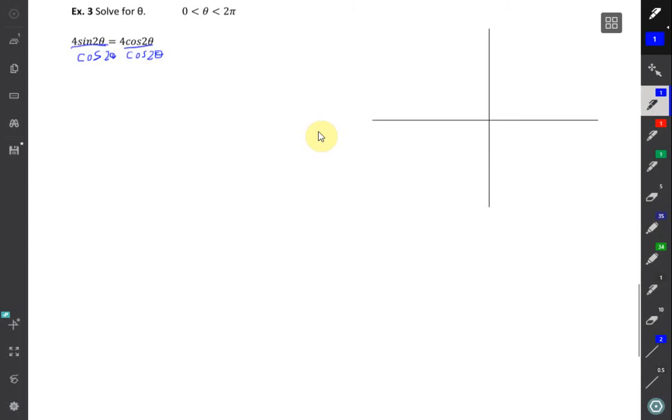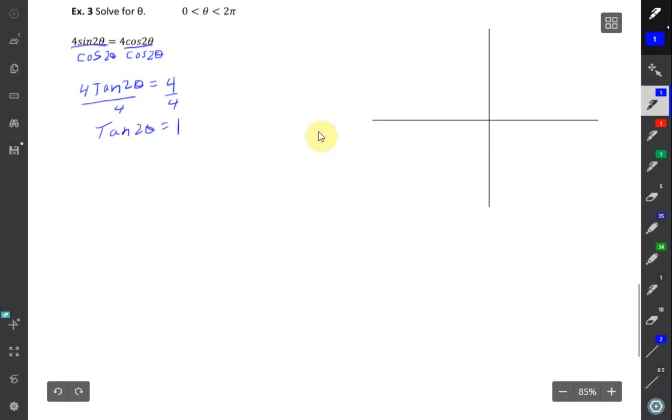That leaves me with 4 tan of 2 theta is equal to 4. Dividing both sides by 4, tan of 2 theta is equal to 1.